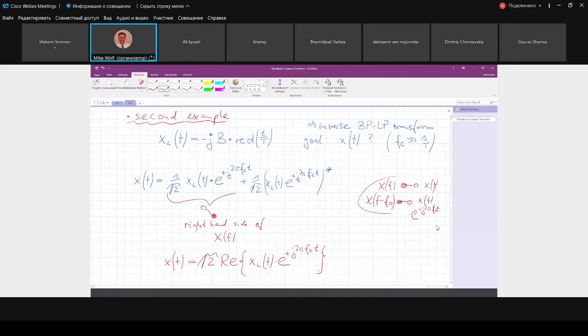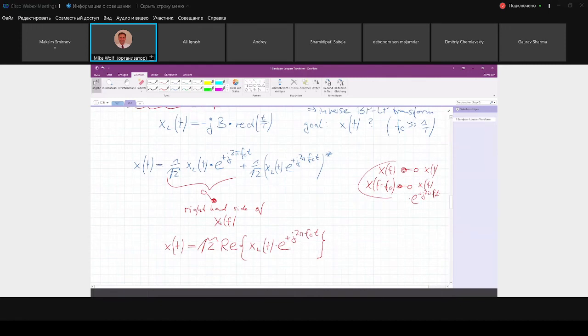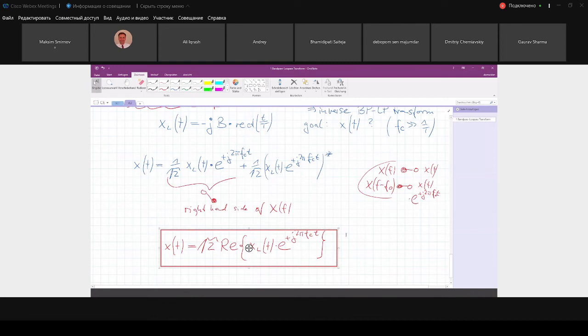This is the first method to obtain the bandpass signal. We could use this equation for our signal here, then we can obtain the signal.